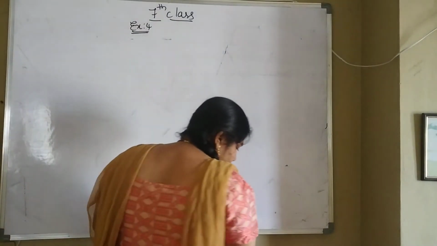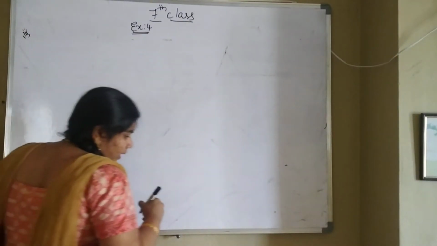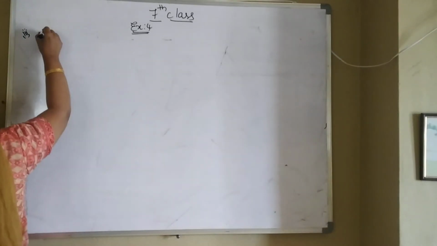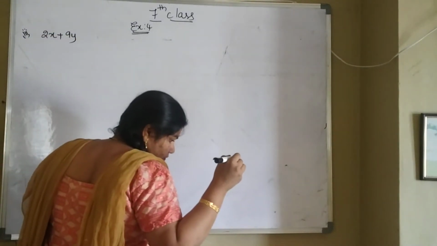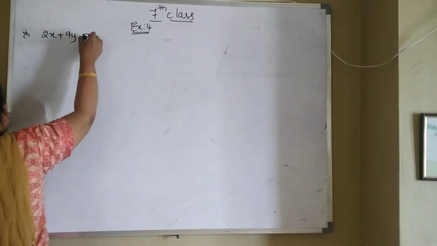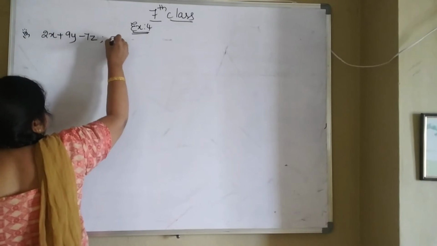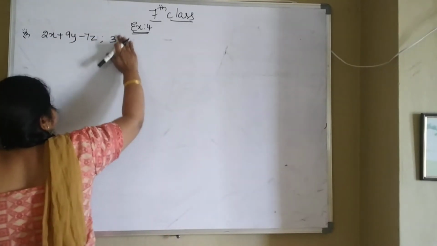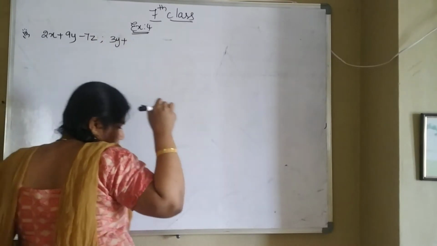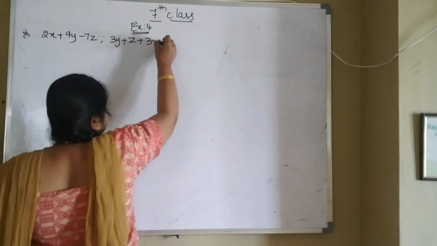So what is the next one? Third question. What is the third one? 2x plus 9y minus 7z. Next is 3y plus z plus 3x.